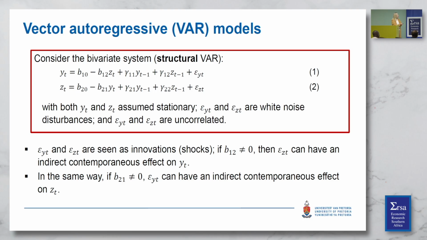Also, those error terms are then seen or used as the innovations, the shocks or the impulses, to see what will happen if we shock Y. And shock sometimes sounds a little bit negative, so innovation is almost better.